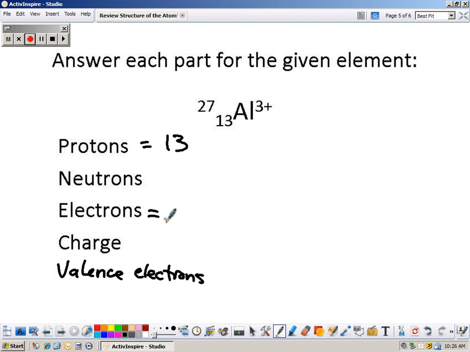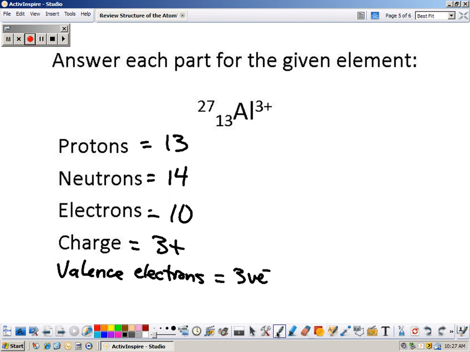If you put charges on this, maybe it helps you. You have 13 positive charges. If you only have 10 negative charges, you're going to have a charge of +3. And then neutrons? 14. Charge is +3. And then valence electrons? 3. It's in the 3rd column. Let me erase these little charges here just because it doesn't look quite right.